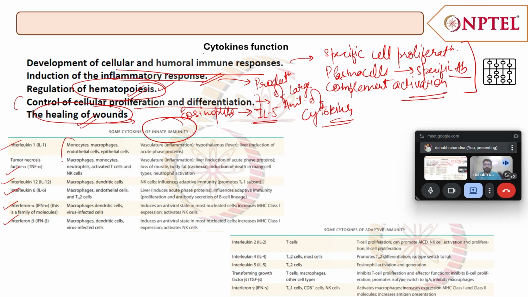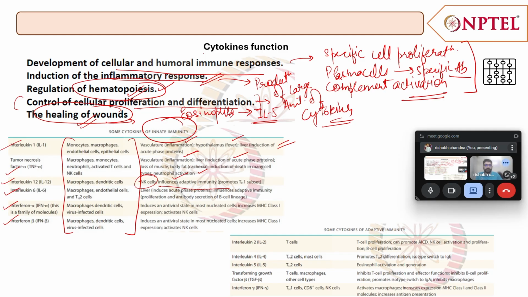So this is the source of these particular cytokines, and this is the function that they do. For example, IL-1 helps in inflammation, fever, induction of acute phase proteins. TNF alpha helps in inflammation, induction of acute phase proteins, cachexia, and neutrophil activation. IL-12 influences adaptive immunity.